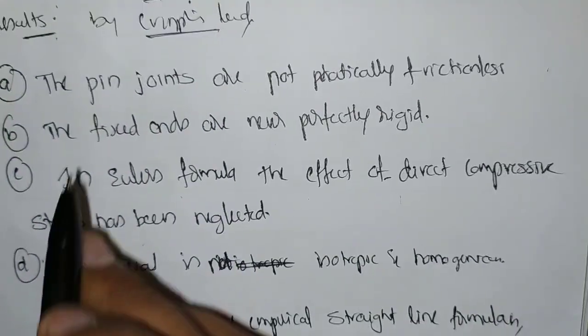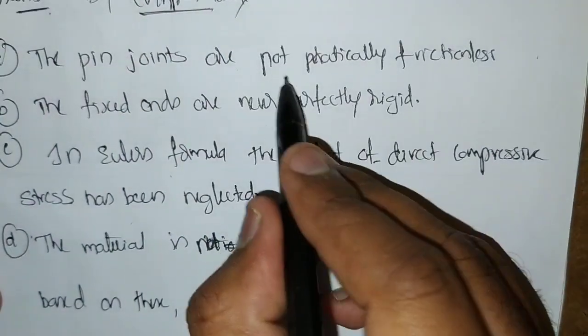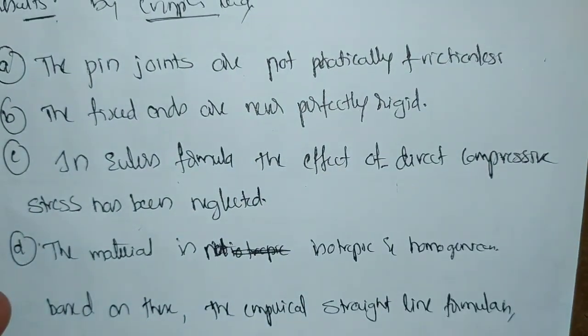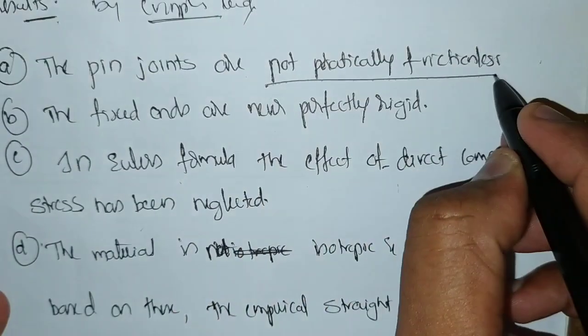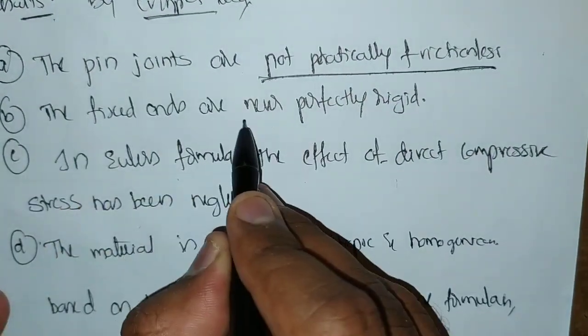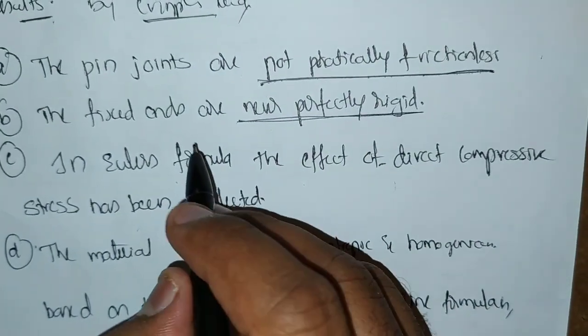The first reason is the pin joints are not practically frictionless. The second reason is the fixed ends are never perfectly rigid.